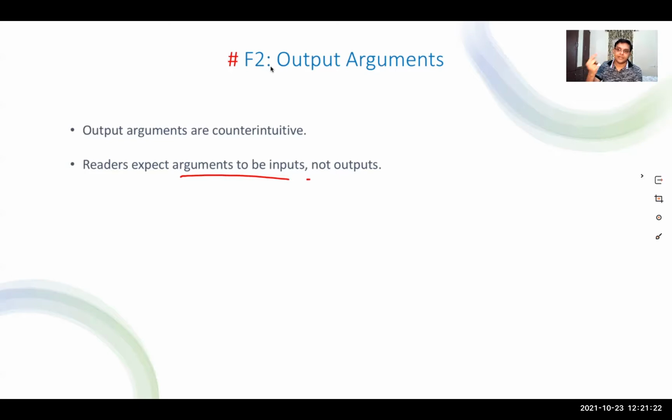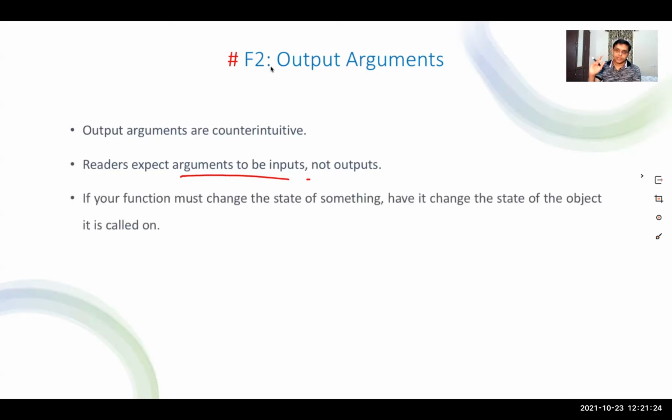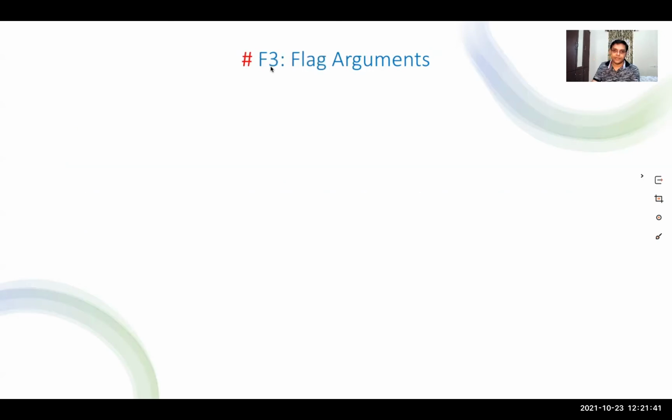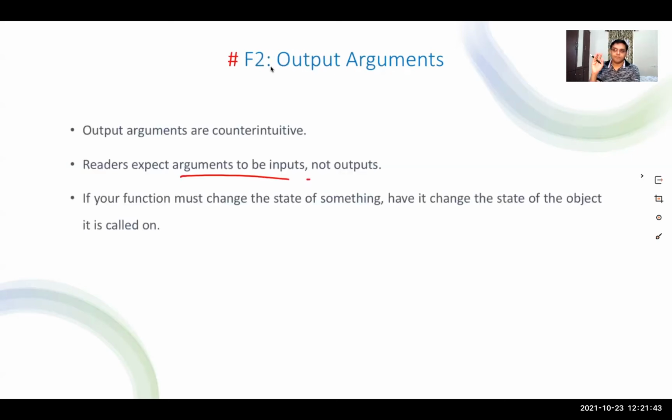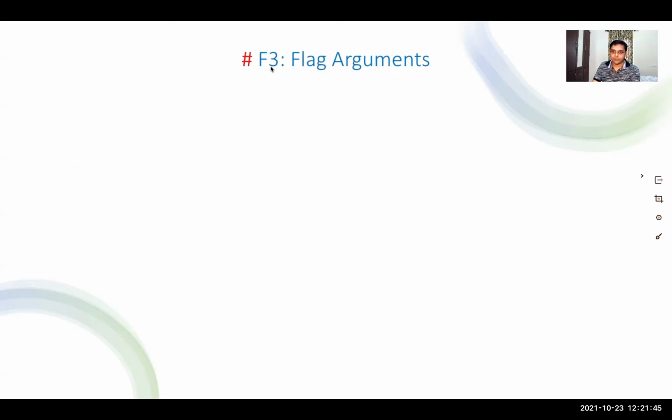That is the output argument. For that, use return statements only. Don't use the argument things. So if your function must change the state of something, have it change the state of the object it is called on, then return it back. So don't use the output arguments.